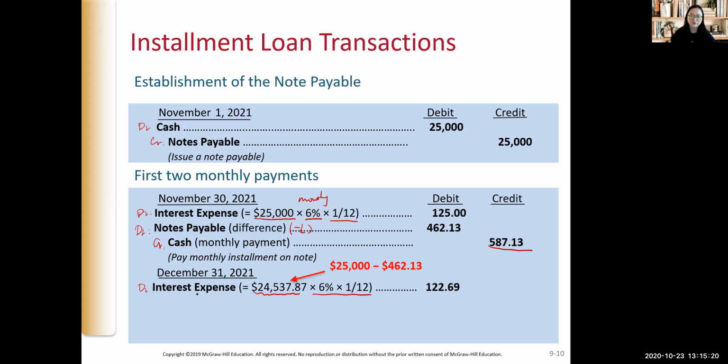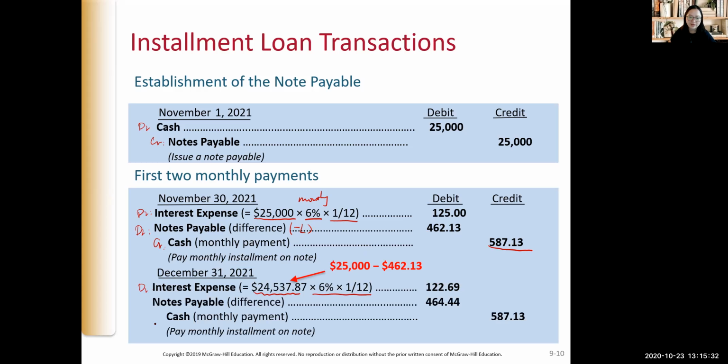And you get the interest expense of $122.69, which is less than the previous period because the carrying value is decreasing. At the same time, you pay the cash as agreed, the monthly payment of $587. The difference goes to reduce the principal amount, the principal or carrying value of the loan, by $464.44.